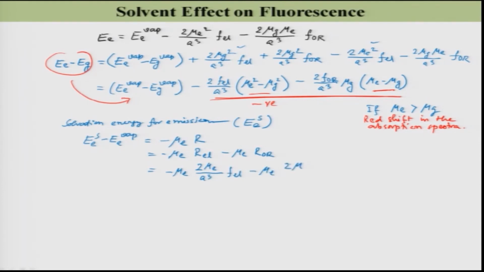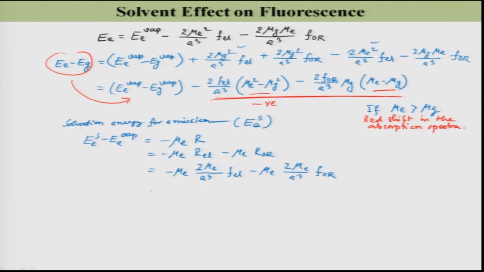In this case I will write E not G, because I have given time, so twice mu E by A cube F OR, right.